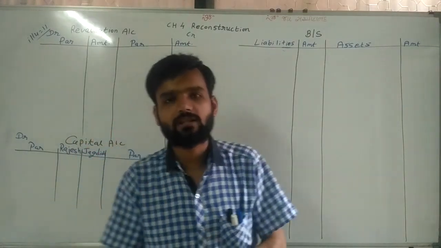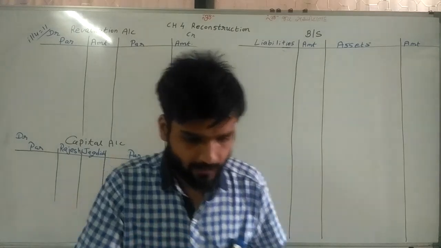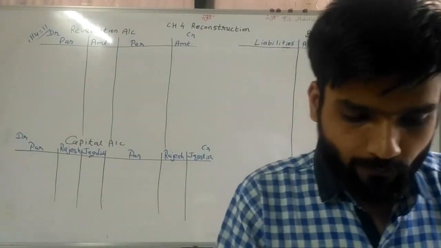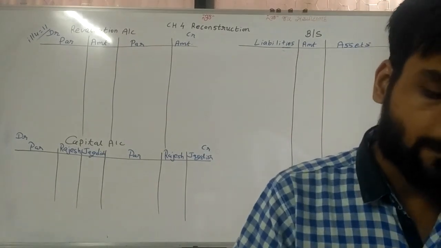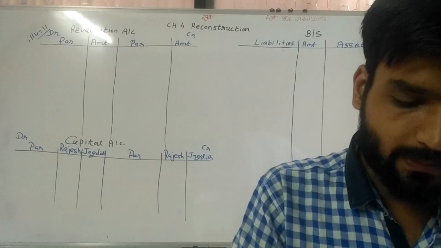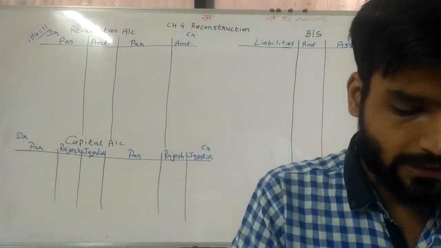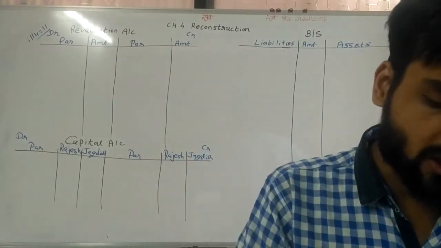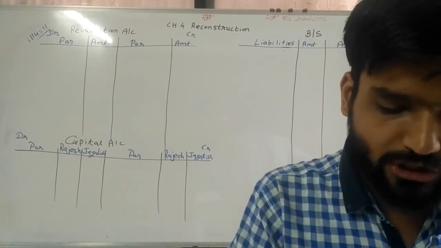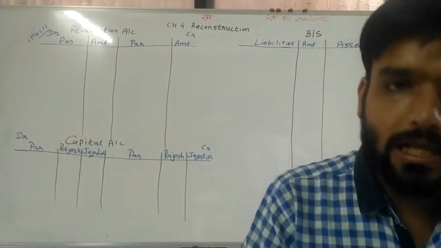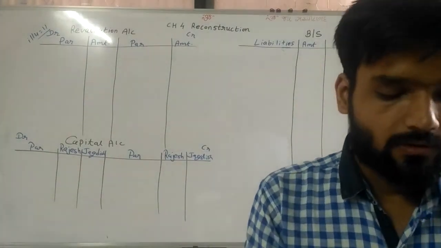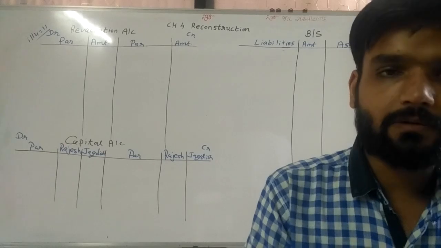Now we are starting with the question, and I am reading the question. From the following information, pass necessary journal entries and prepare revaluation account and a balance sheet after the effect of revaluation in the books of Rajesh and Jagdish. So Rajesh and Jagdish are partners, and their balance sheet is given.